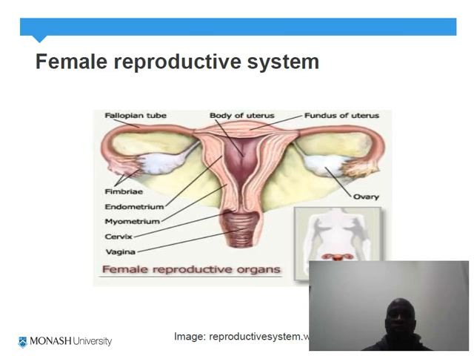Of course, you have the two arms on either side, one on the right and one on the left. These are called fallopian tubes. And connected to the fallopian tubes, you see them in white color, those are ovaries. Ovaries are where the female eggs are produced. Once produced, they are released and enter the fallopian tube, and they migrate to the uterus.